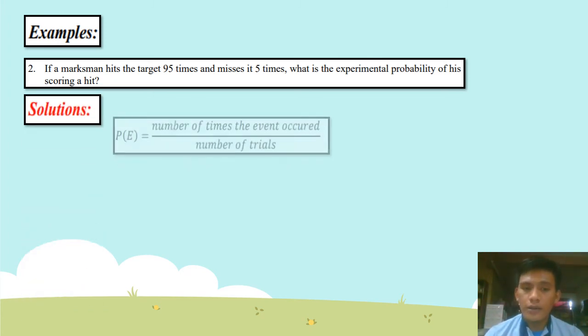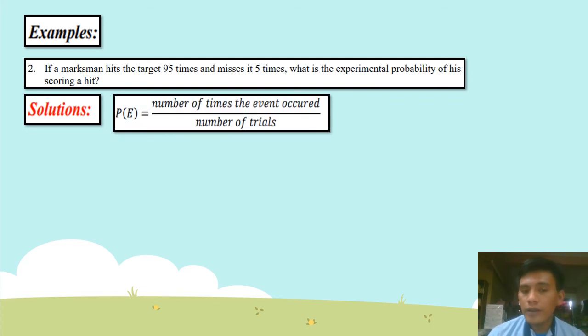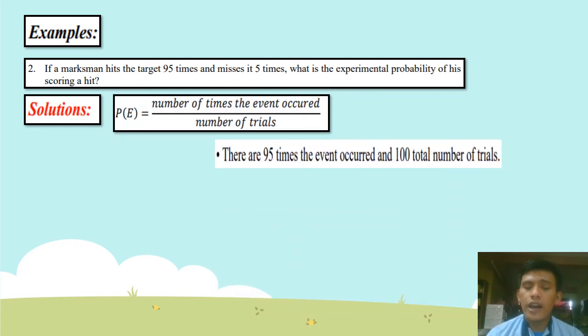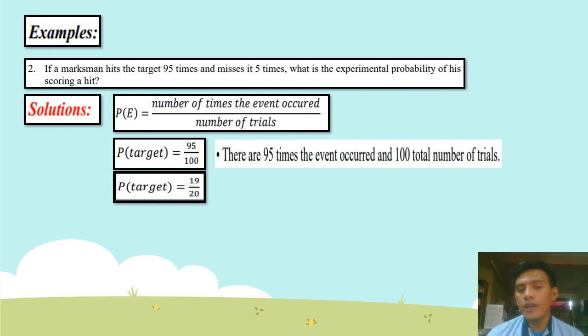So there are 95 times the event occurred, because that's the number of times he hits the target, and 100 total number of trials. Why is it 100? He hits the target 95 times, but he also misses 5 times. That's why 95 plus 5 is 100 as the total number of trials. That will be 95 over 100. When we simplify that, that will be 19 over 20.